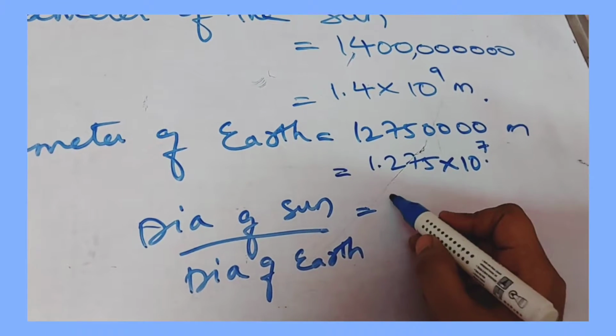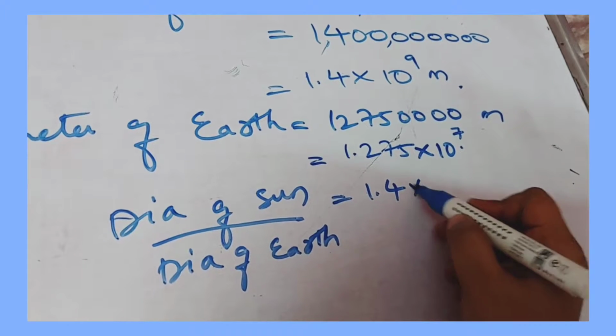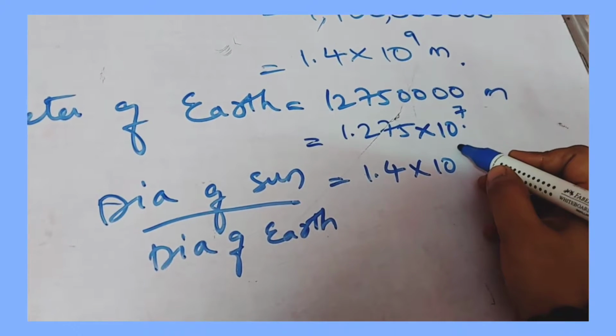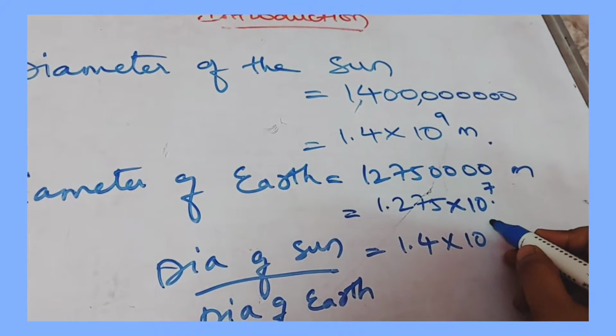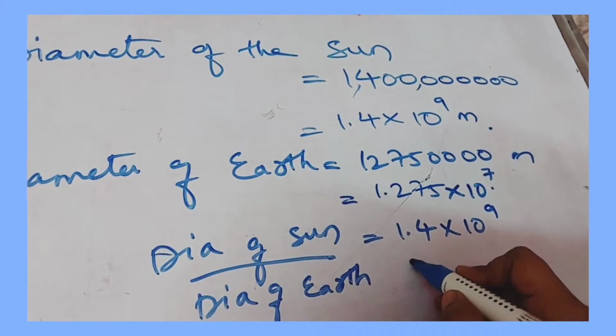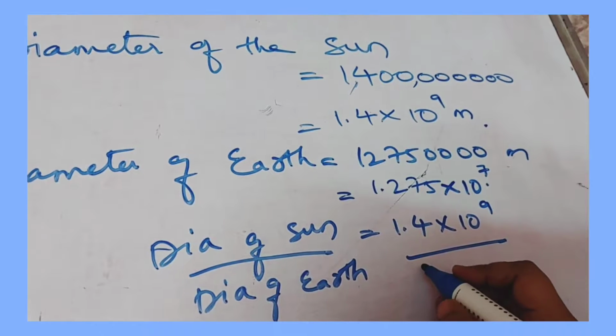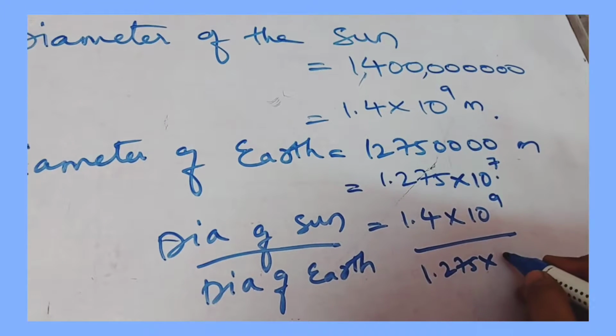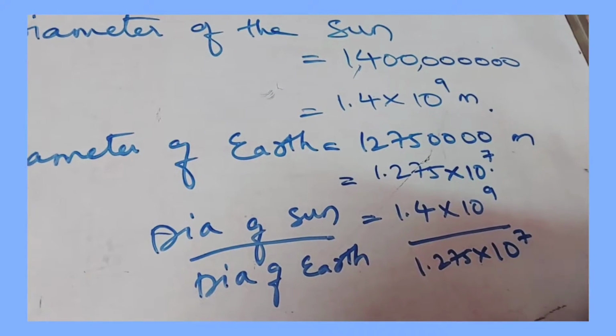So what is the diameter of the sun? 1.4 into 10 to the power of 9. Okay, by what is the diameter of the earth? 1.275 into 10 to the power of 7.